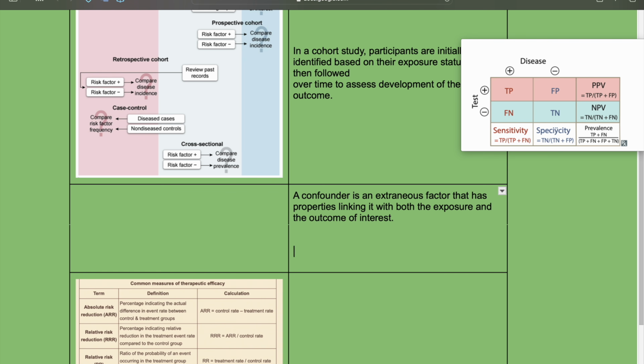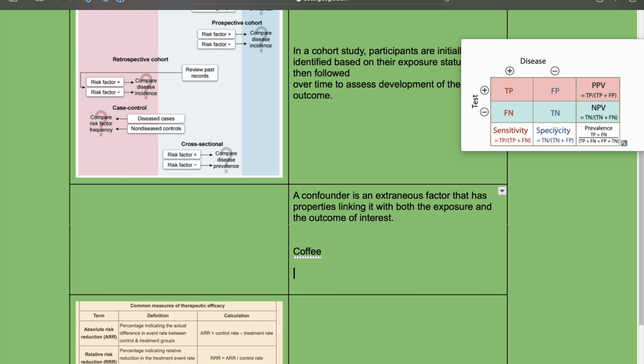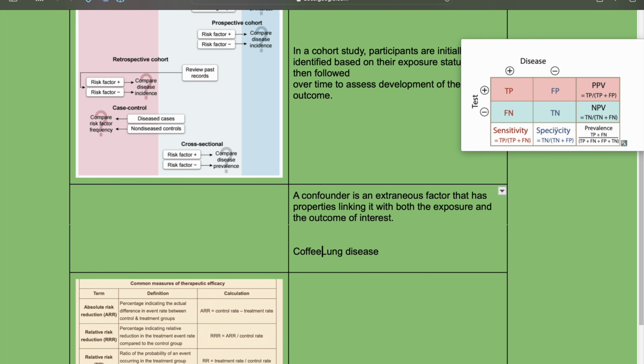So the famous example, coffee, right? So coffee leads to lung cancer or lung disease. When they did the study, they found that people who drink coffee were more prone to having lung disease.